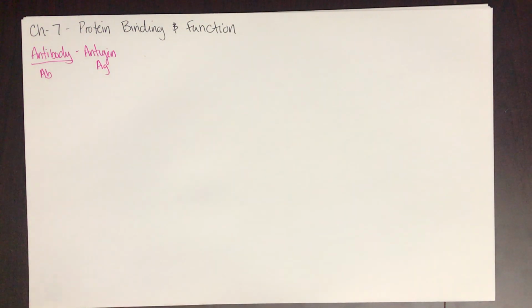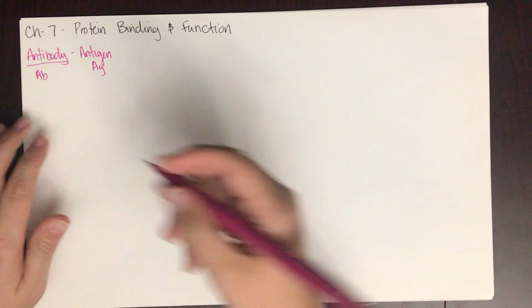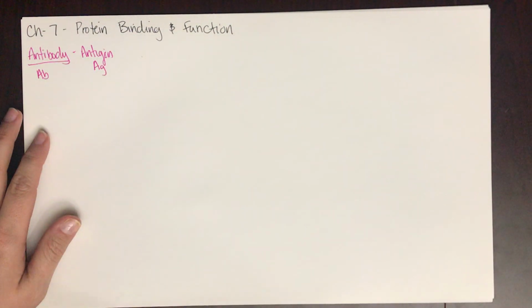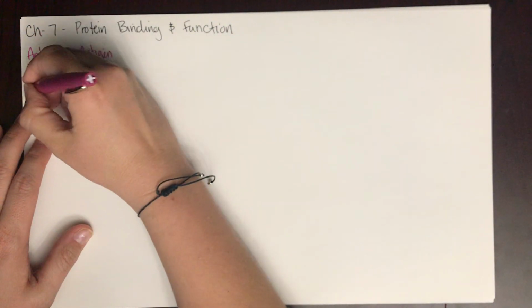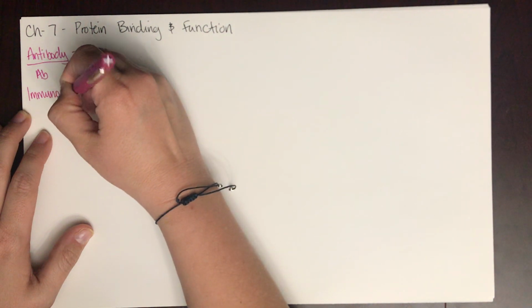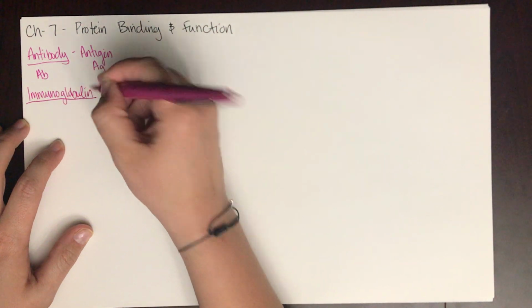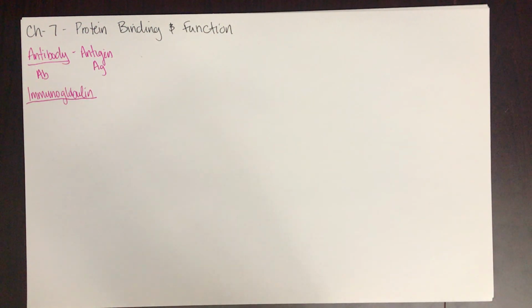So the 5 classes of antibodies, they're all given an Ig at the beginning. Ig stands for immunoglobulin. Immunoglobulin is another word for antibody. And again, like most science words, it tells you right in the name what it is.